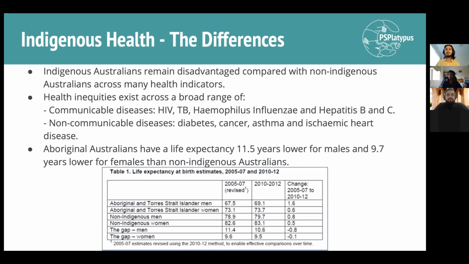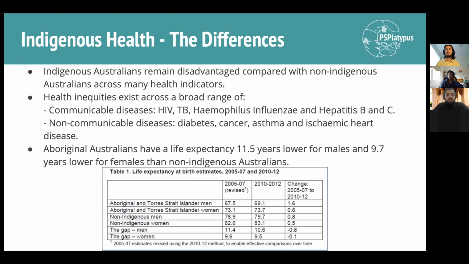For example, end-stage kidney disease is 7 times more common in indigenous people than non-indigenous people. Also, rheumatic heart disease, which is caused by group A strep, is 26 times higher in indigenous people than non-indigenous people.